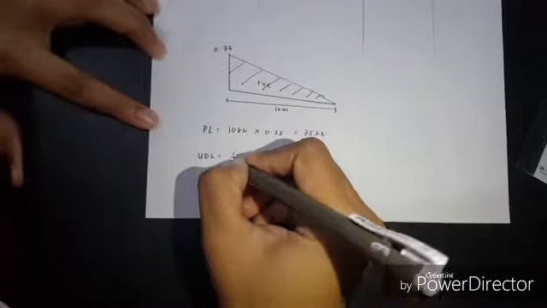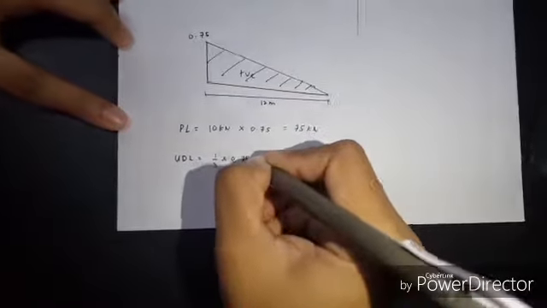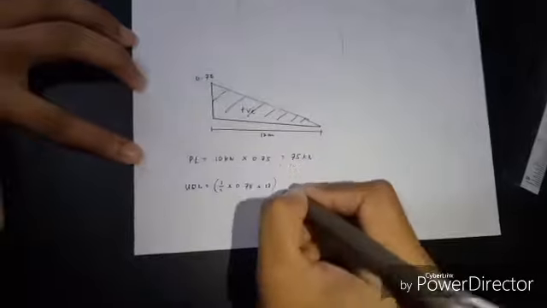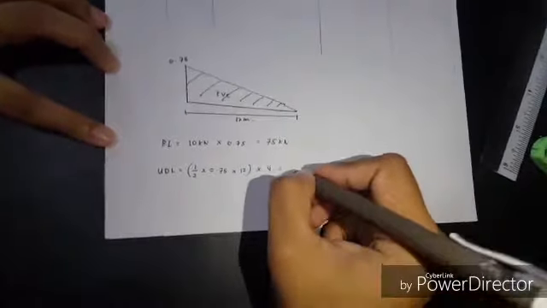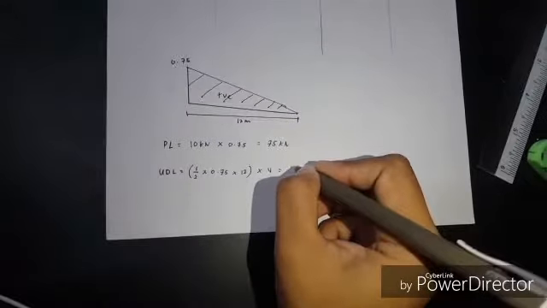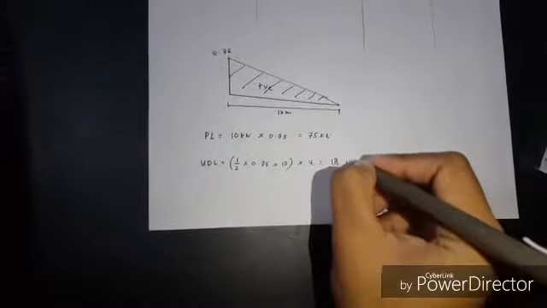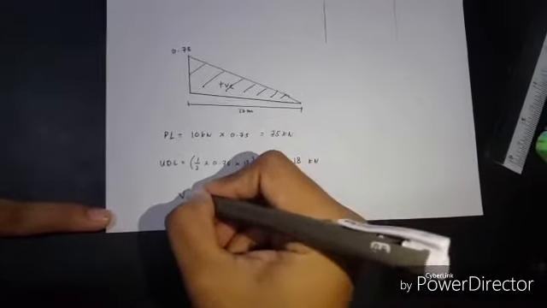So 1/2 times 0.75 times 12 meter times 4 is equal to 18 kilonewton.